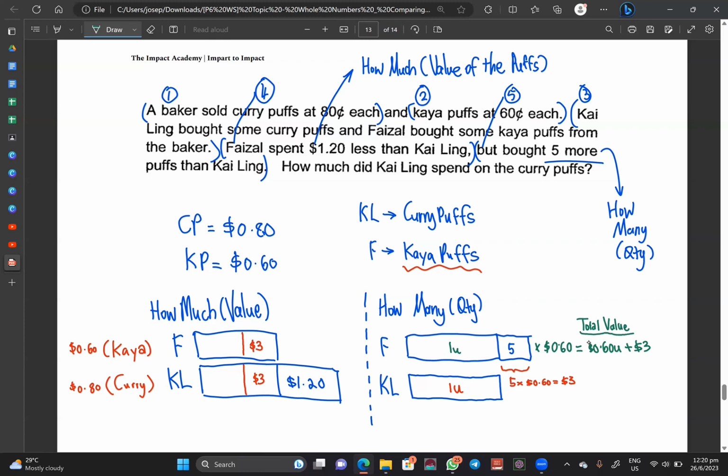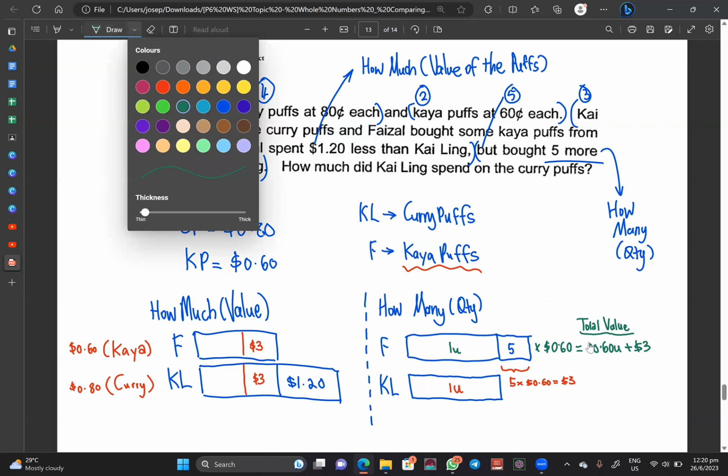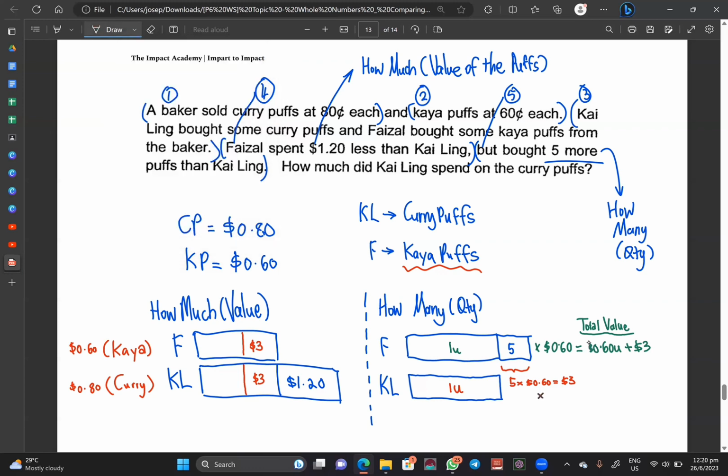Let's do the same thing for Kailing. She has purchased some curry puffs, and each curry puff is 80 cents. So we just times 80 cents over here. What do we get? We get 80 cents units. Now as you can see over here, these are the values.